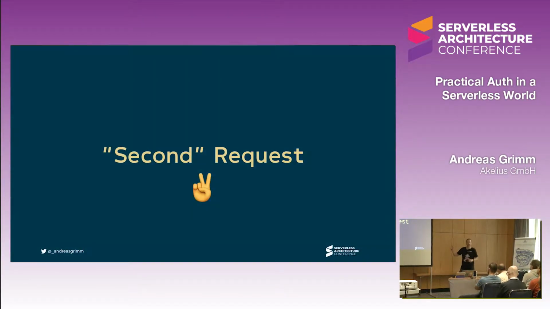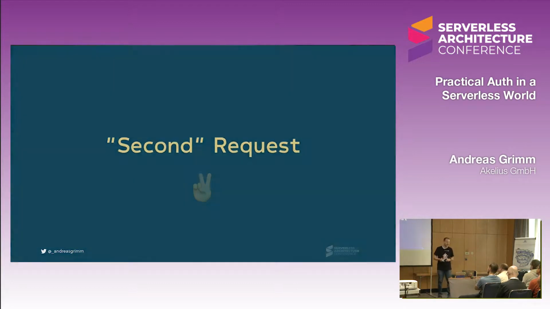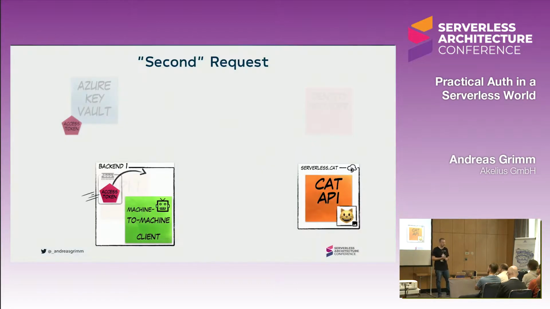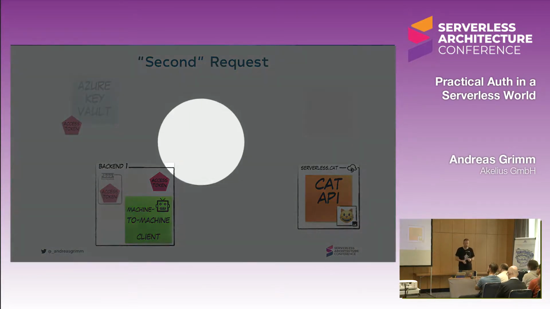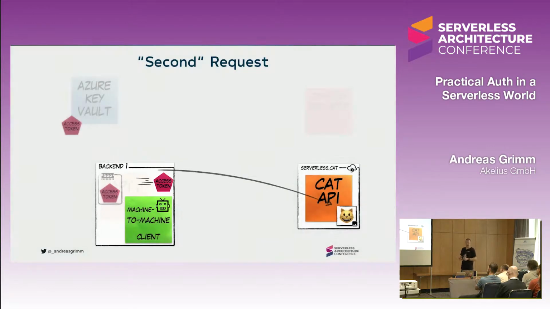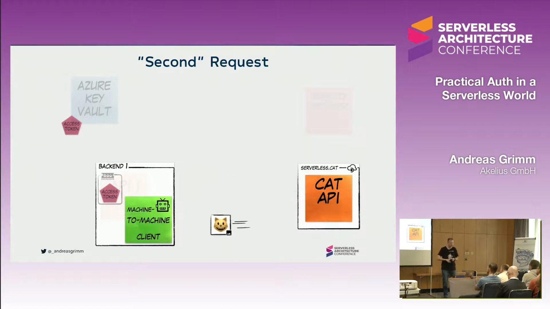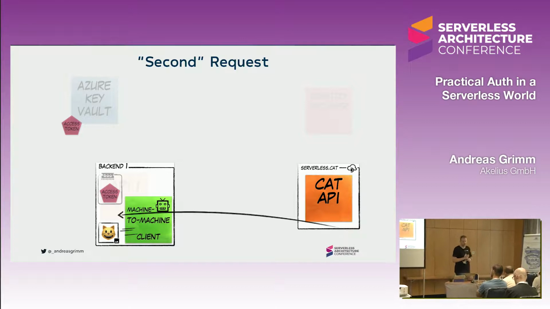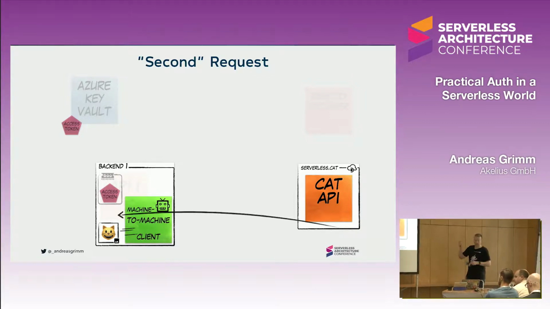That was the very first request on a cold start, fresh system. And the second request, you saw we take it out of memory and send it to the CAT API. And this is much more performant.